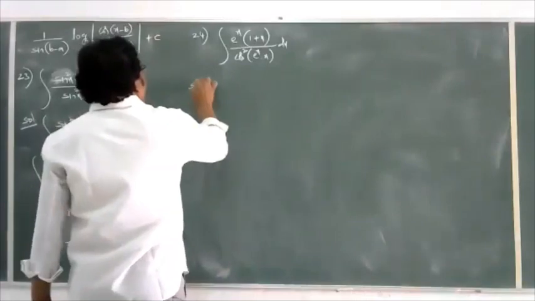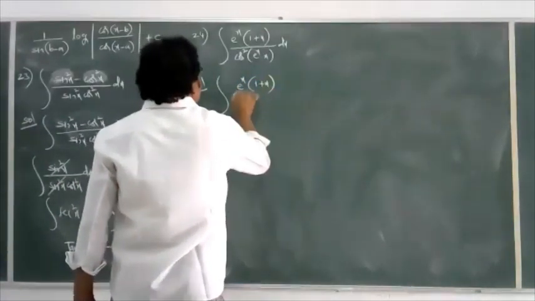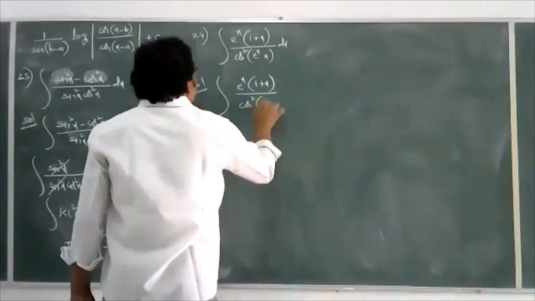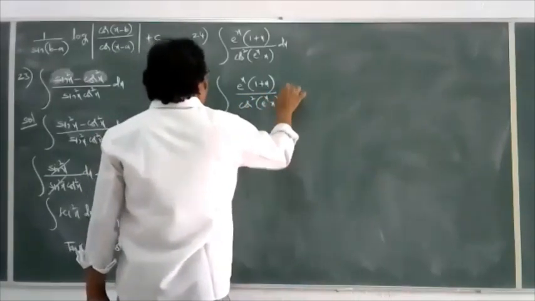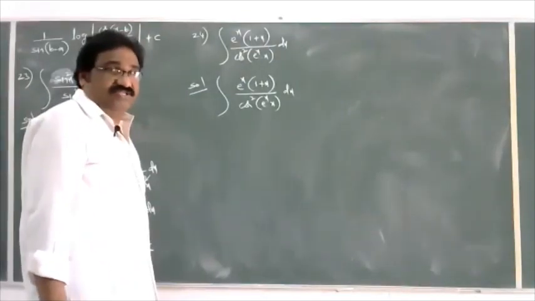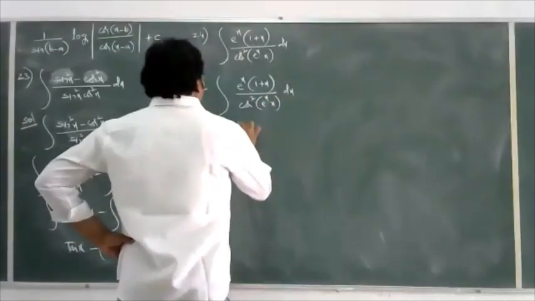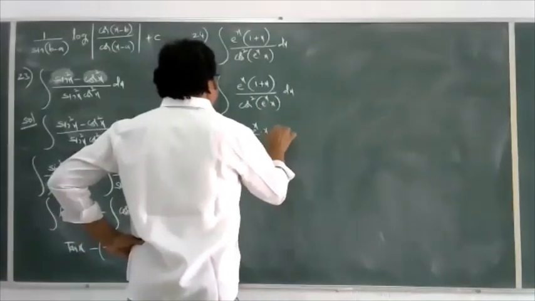So solution: integral e power x into (1 plus x) by cos square of (e power x into x) dx. Here the substitution is very, very important. Let e power x into x equal to t.